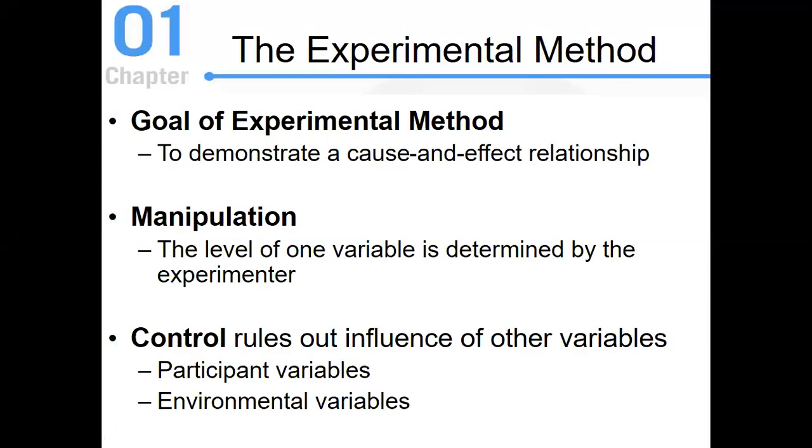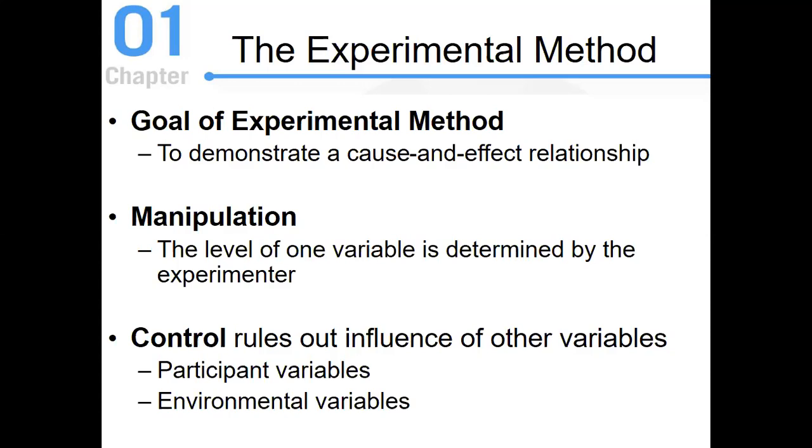To accomplish this, experimental methods have a couple of unique components, or characteristics, that differentiate them from other research studies. One is manipulation. The researcher actively manipulates one variable by assigning or changing its value from one level to another, and then measures a second variable to see whether or not the manipulation impacts the outcome.